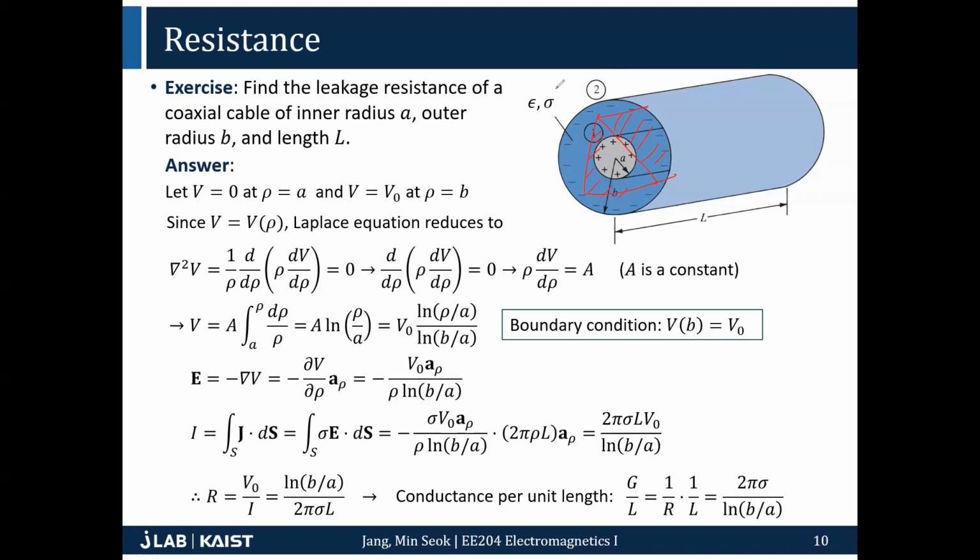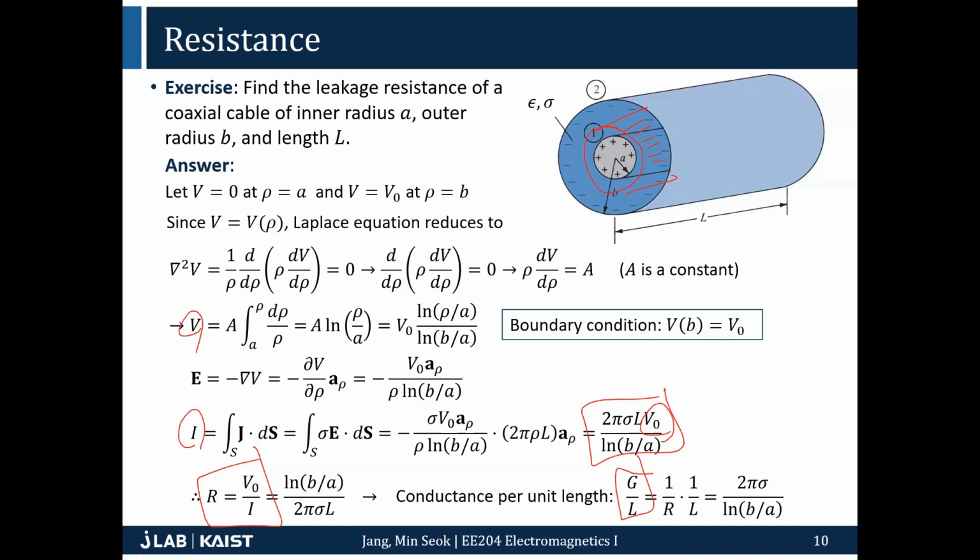So I would recommend you deal with the area with the same symmetry as the system. Then you can easily calculate the current, which is this. Finally, by taking the ratio between the current and the potential difference V naught, you get the resistance. And the inverse of it is the conductance.